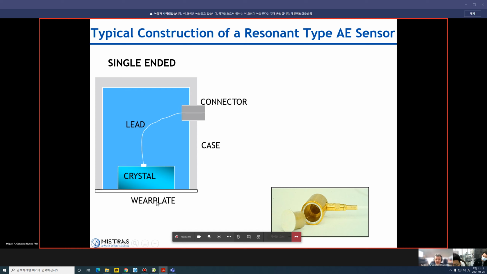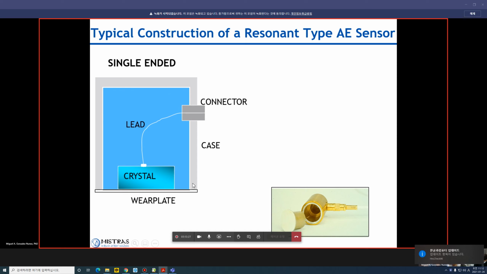Every time you have this wear plate mounted on the test piece with silicone, the movement is transmitted through the crystal, but it's only the movement, nothing else. And you have this metallic case around the sensor.